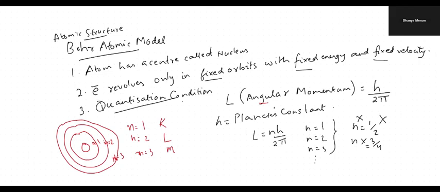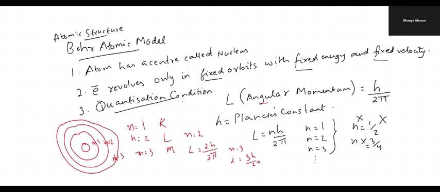The angular momentum should be an integral multiple of h by 2 pi. So if the n value is 2, the angular momentum will be 2h by 2 pi. If the n value is 3, it will be 3h by 2 pi, and so on.